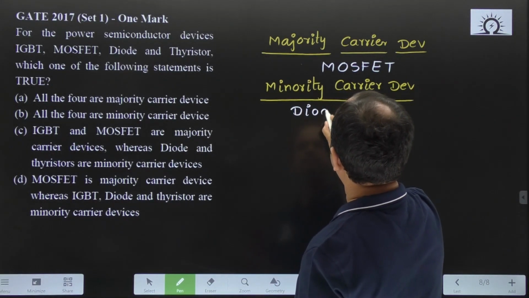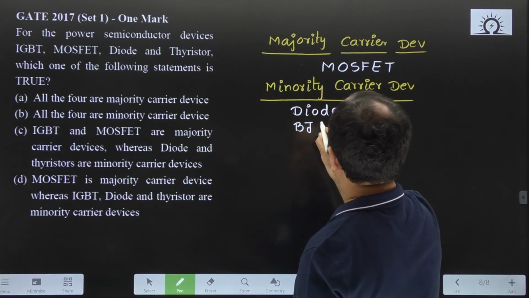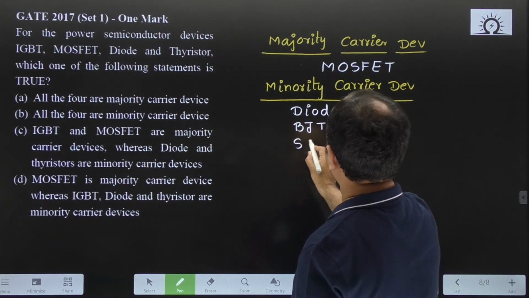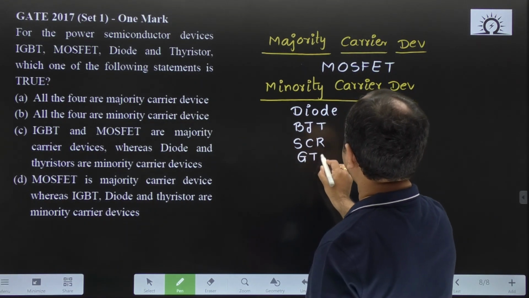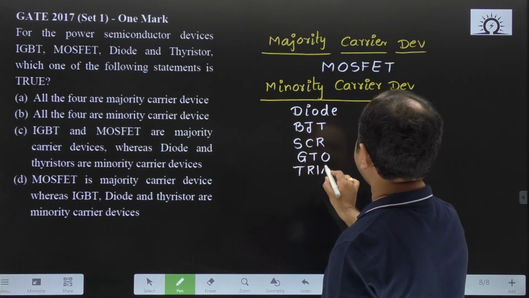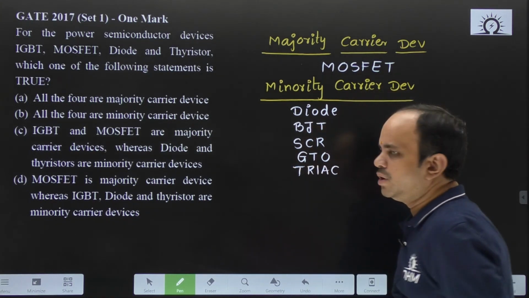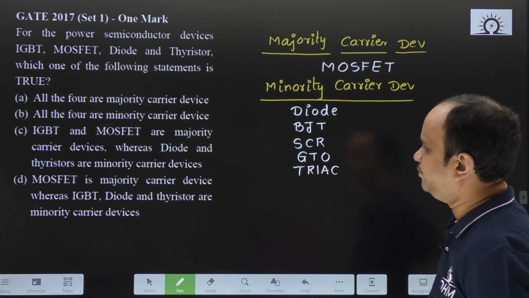Power diode, power BJT, SCR, GTO and triac, basically thyristor family devices. All of these devices will come under minority carrier devices.